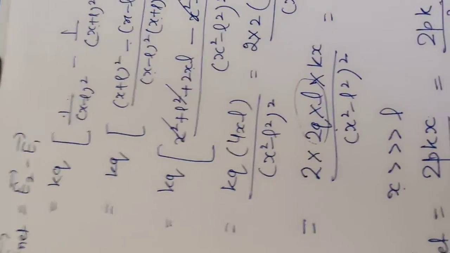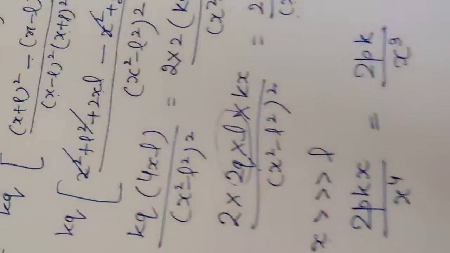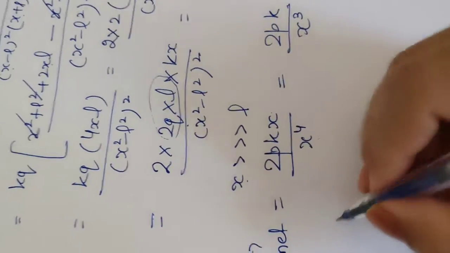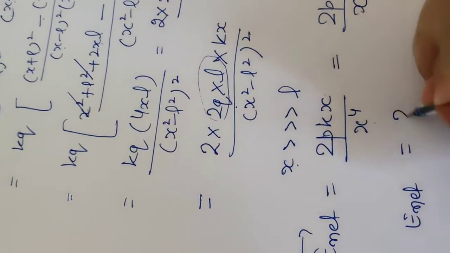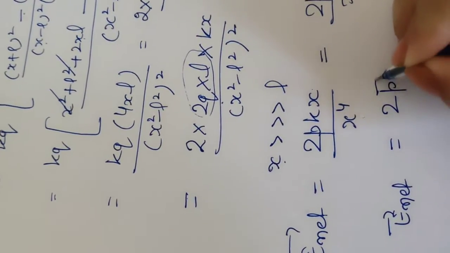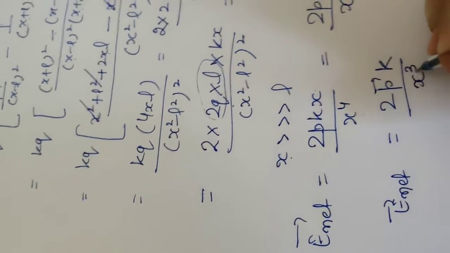So finally we can write that E net is equal to 2p into k upon x cube.